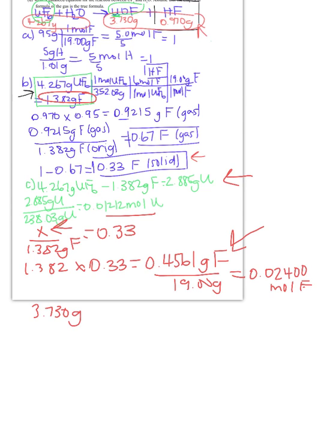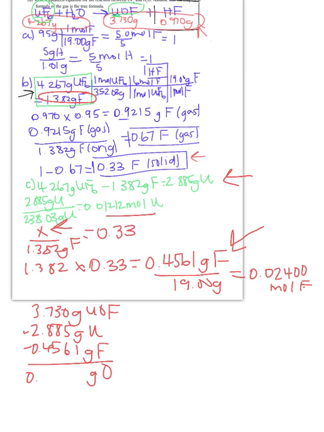3.730 grams of UOF. I'm going to subtract the grams of uranium, 2.885 grams of uranium. I'm going to subtract the grams of fluorine, 0.4561 grams of fluorine, and the remainder is going to be grams of oxygen. So I typed that in, and I got 0.3889.